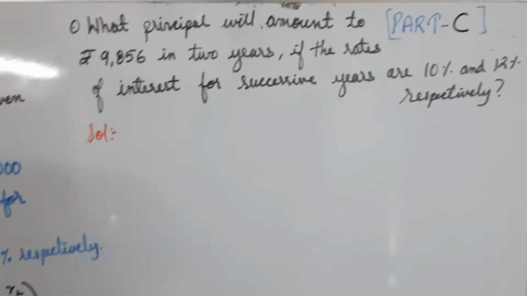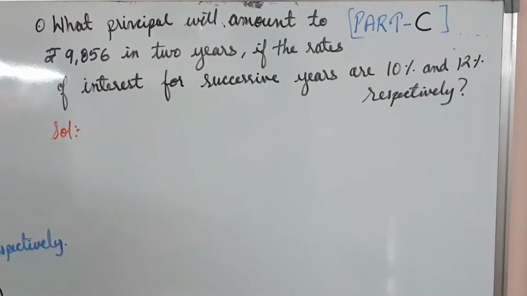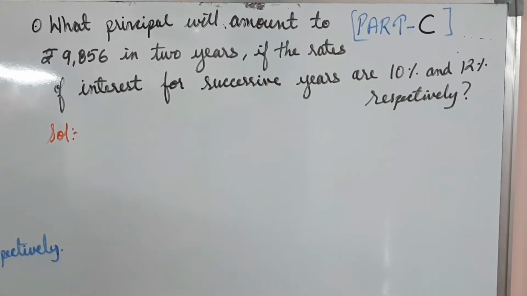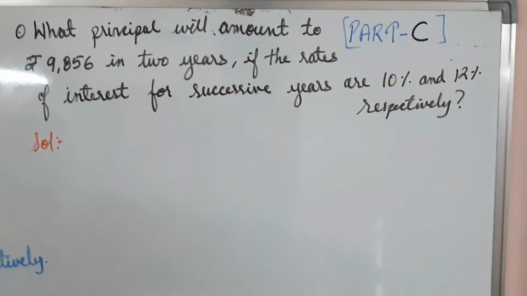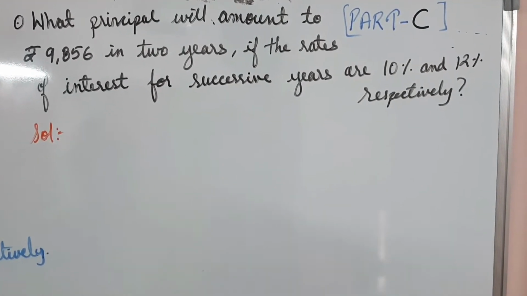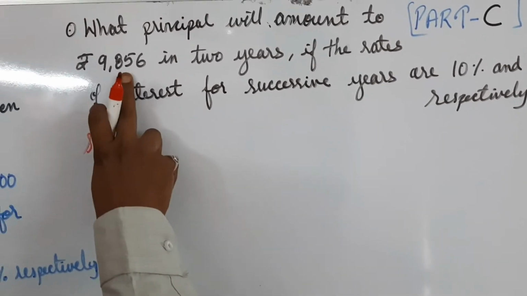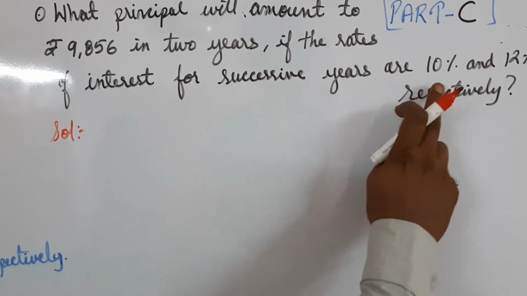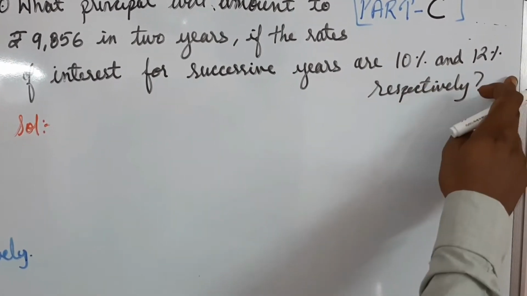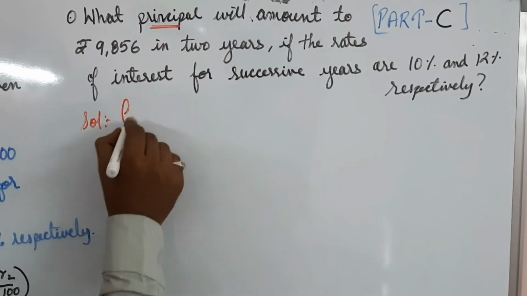Next question: what principal will amount to rupees 9,856 in 2 years if the rates of interest for successive years are 10% and 12% respectively? Here, students, amount is given, number of years is given, and the successive rates are given. You need to find out the principal.